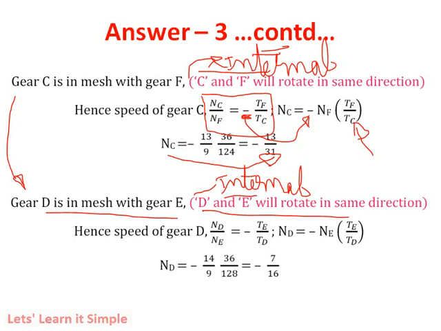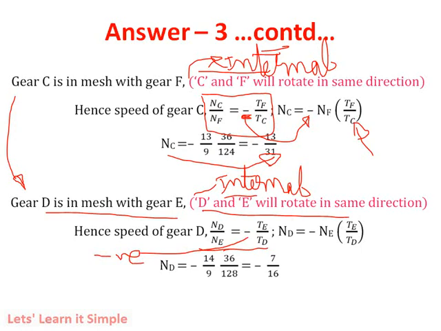I seek your attention again. Gear D is an internal gear, therefore gear D and E will rotate in the same direction. So write the speed of gear D in terms of E, that is ND by NE is equal to minus TE by TD, and use the negative sign to indicate both are rotating in the same direction.